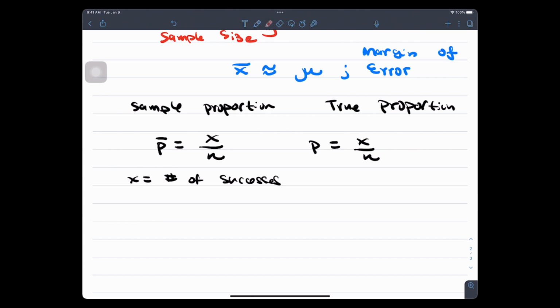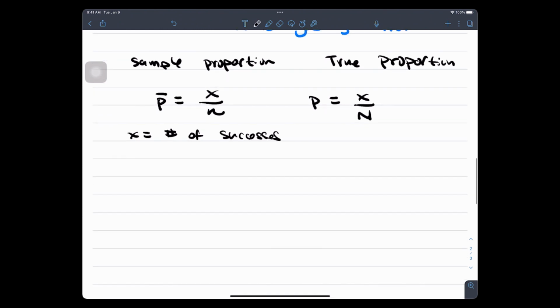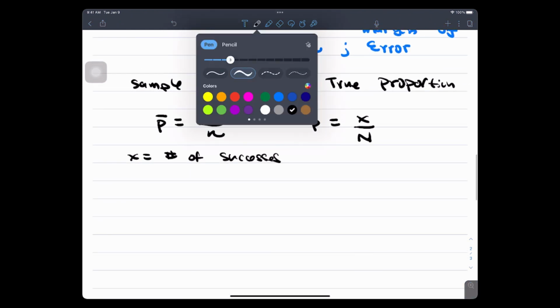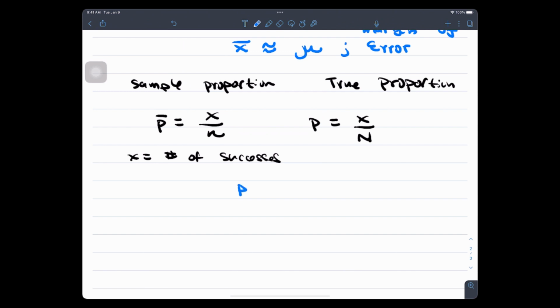Big N. And how does that work? Little p hat is approximately p.